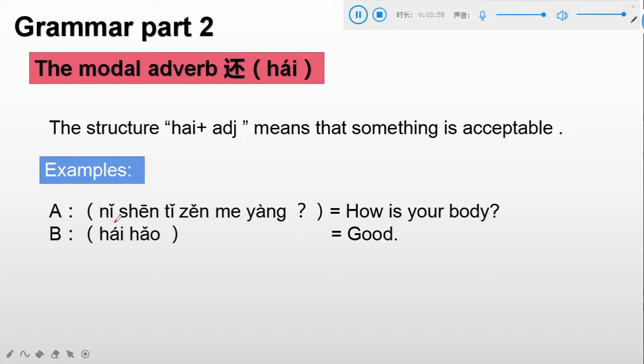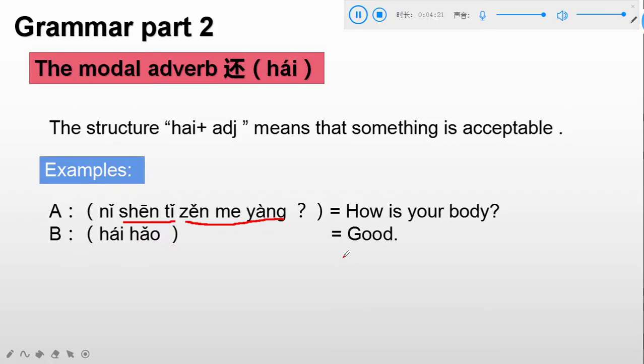A. 你身体怎么样? 怎么样, as we have seen so many times, is how. 你身体, or 你的身体, is your body. So, how is your body? And B. 还好.